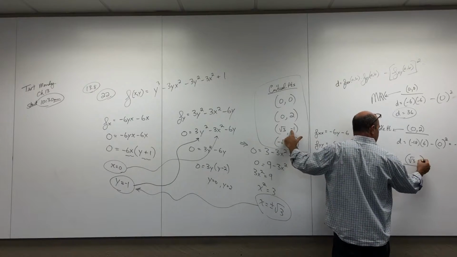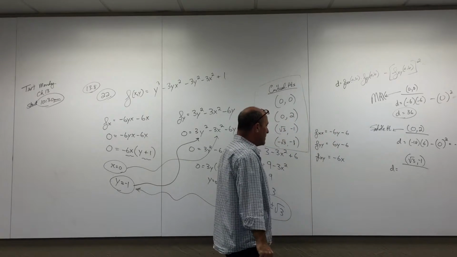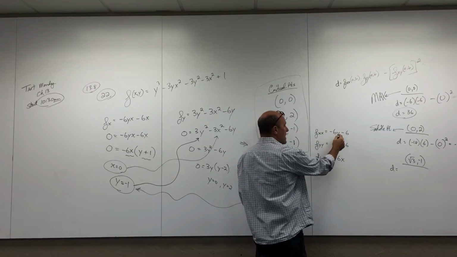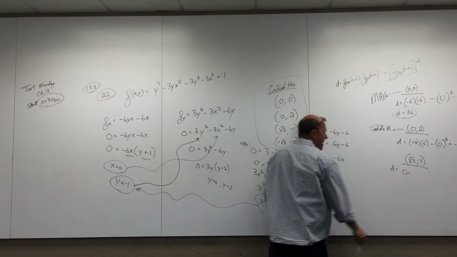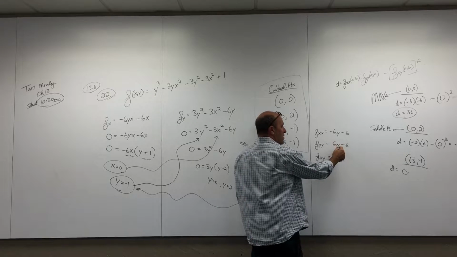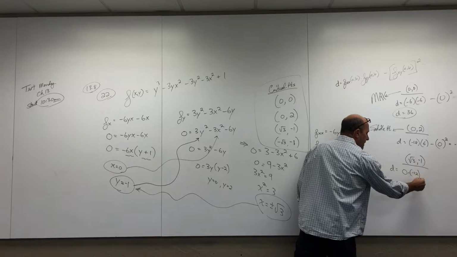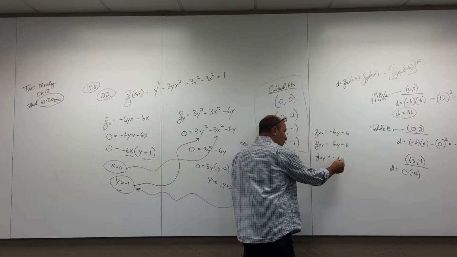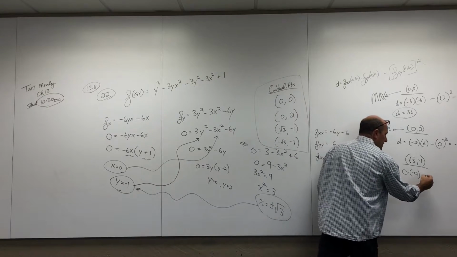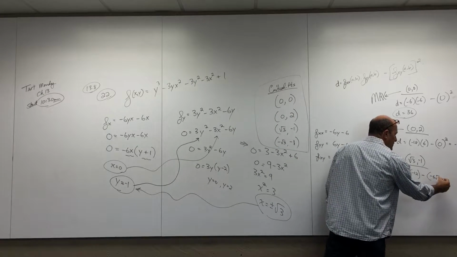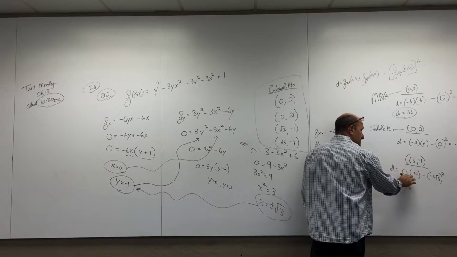Square root of 3, comma negative 1 for y. And I'm going to calculate the D again. Here we go. Plugging a negative 1 in for the y, it's positive 6 minus 6, that's 0. Plugging a negative 1 in for this y, that's negative 6 minus 6, that's negative 12. Plugging the square root of 3 in for this x is negative 6 square roots of 3, but it's going to be squared, and then it's going to be subtracted from this, which is a 0.